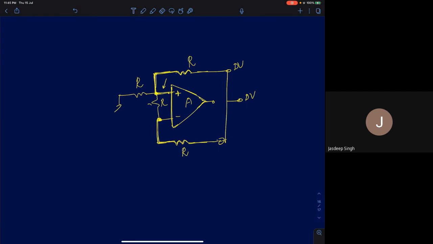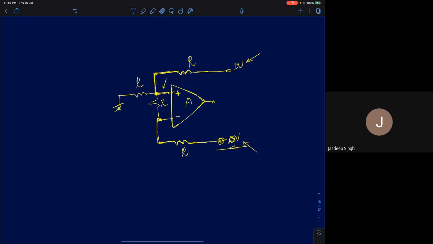To make the analysis simpler, I'll treat them as two identical but independent paths. The same delta V is being fed here, but I'll treat them as independent voltages. You will get similar results.